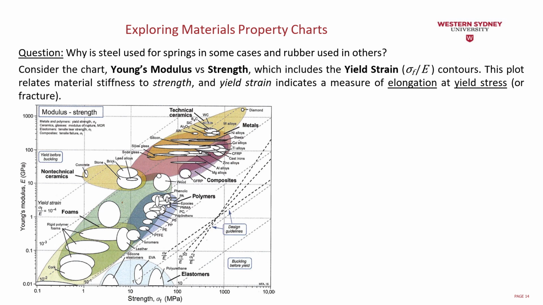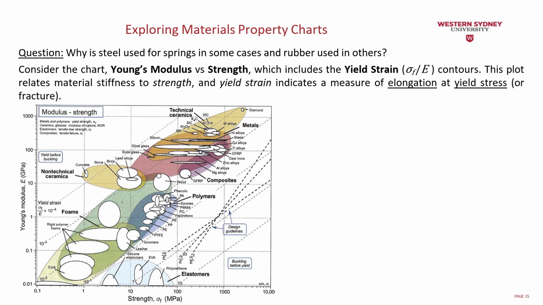Consider the chart of Young modulus with strength, which includes yield strain, which is the strength over the modulus of elasticity, as contours, as you can see in these lines. This plot relates the material stiffness to the strength, and the yield strain indicates the measure of elongation at the yield stress or fracture.